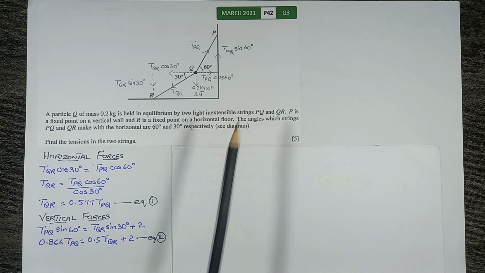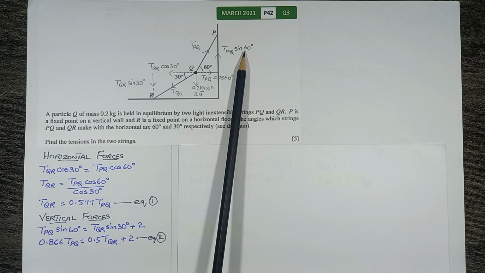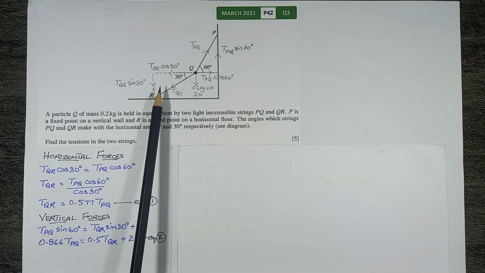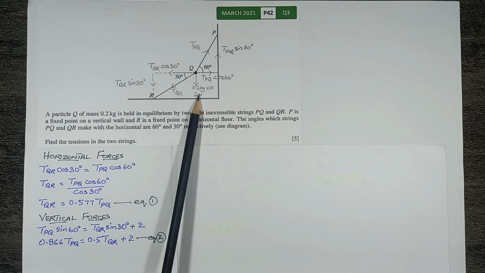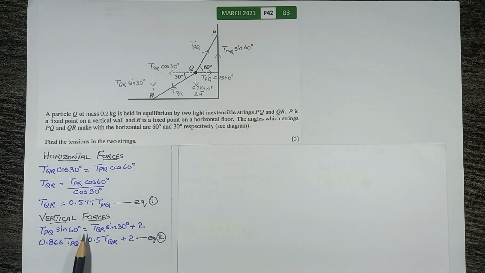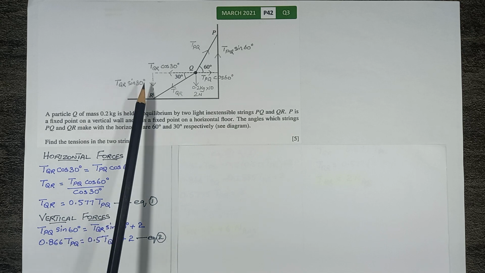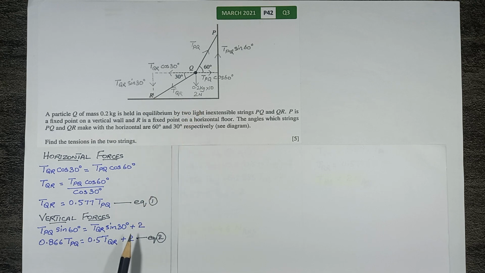Looking at the diagram, we have a vertical force pointing upward, TPQ sin 60, and two vertical forces pointing downward: TQR sin 30 and the weight of the particle. Due to equilibrium, TPQ sin 60 equals the sum of these two, TQR sin 30 plus 2.